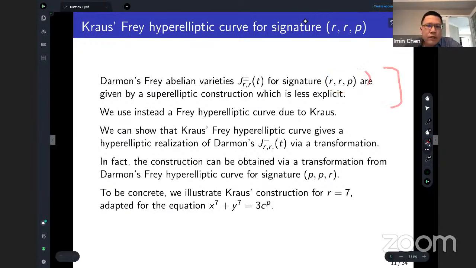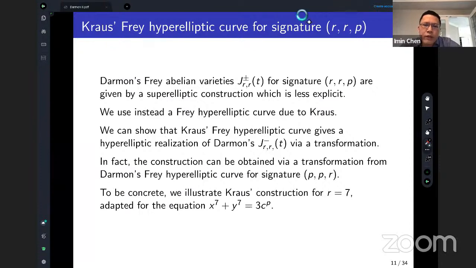I think this was discussed in Anwesh's talk. These are constructed using a hypergeometric construction, or if you like, a superelliptic construction, and it's somewhat less explicit and something that we're less familiar with working with.